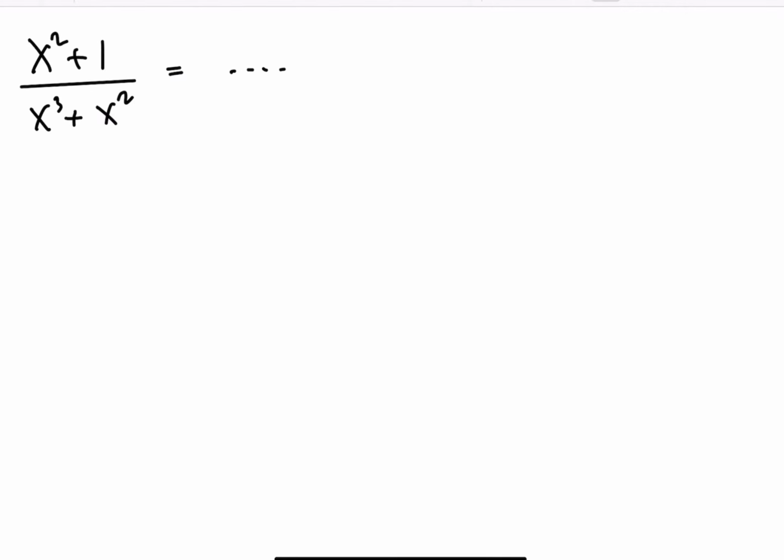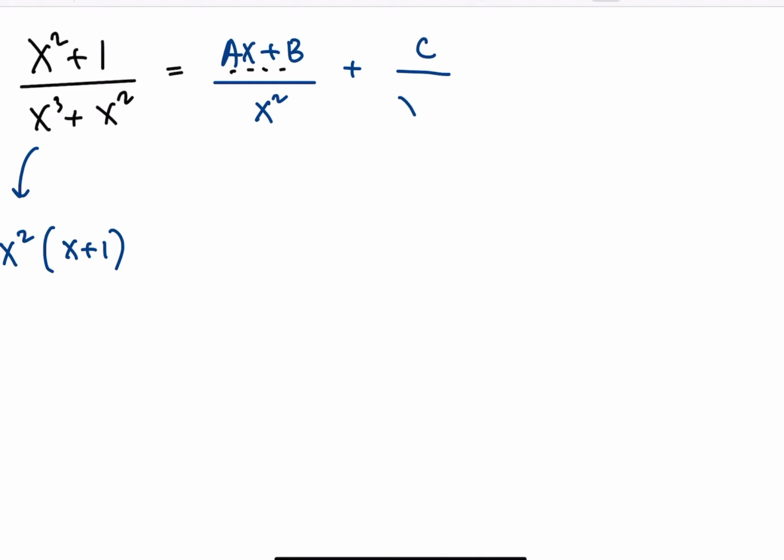First, let's see how well we can do the factorization. We can factor this out, and have x squared, then ax plus b, and then plus c over x plus 1. We can do that, right? But we consider this x squared as a repeated linear factor.